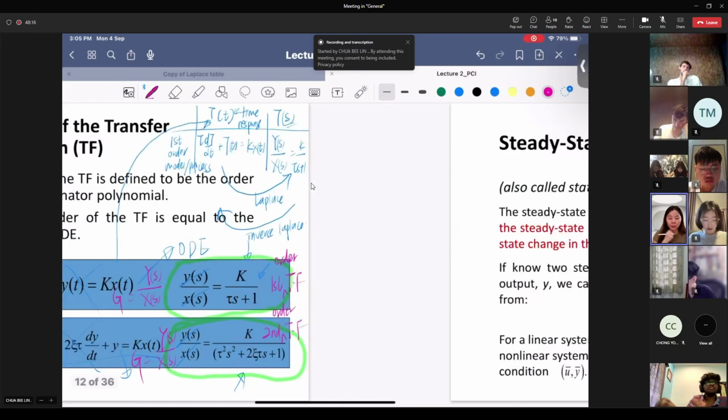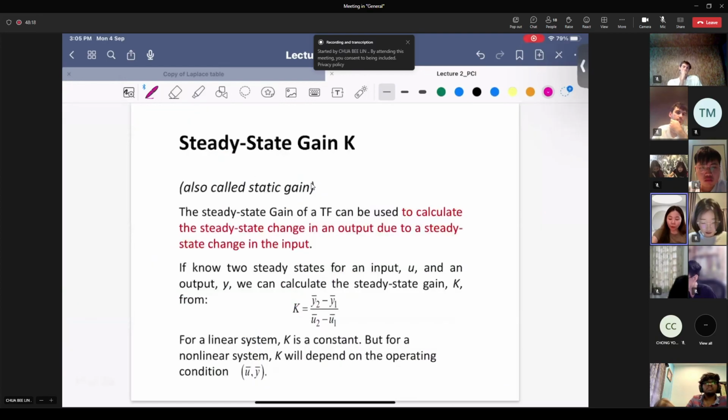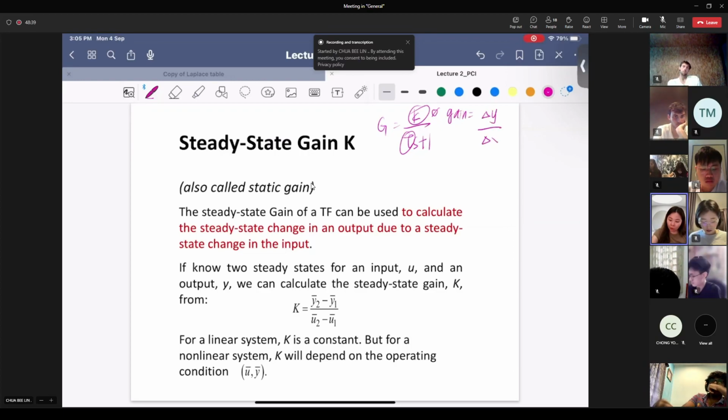Okay, next. So just now we have the first order transfer function using the standard equation K over tau s plus 1. We have learned the K, the tau, I think in the last few slides of week 1. So K is the gain. Gain is the total output over the change of input.